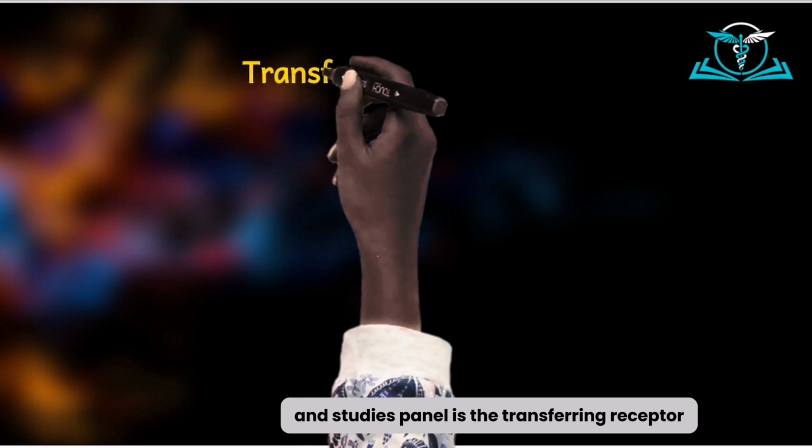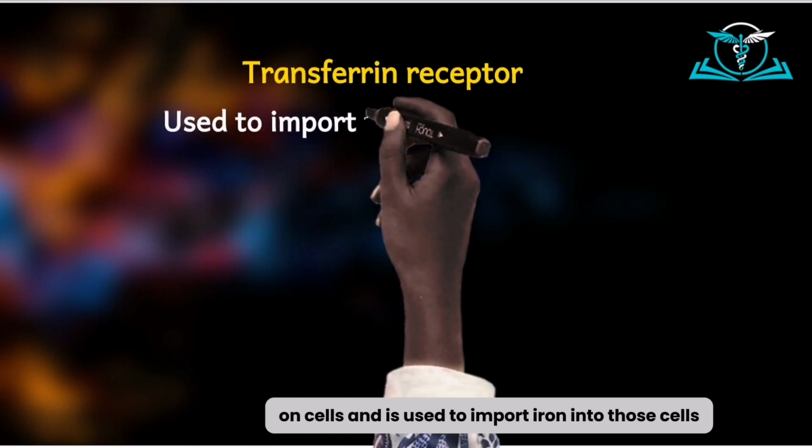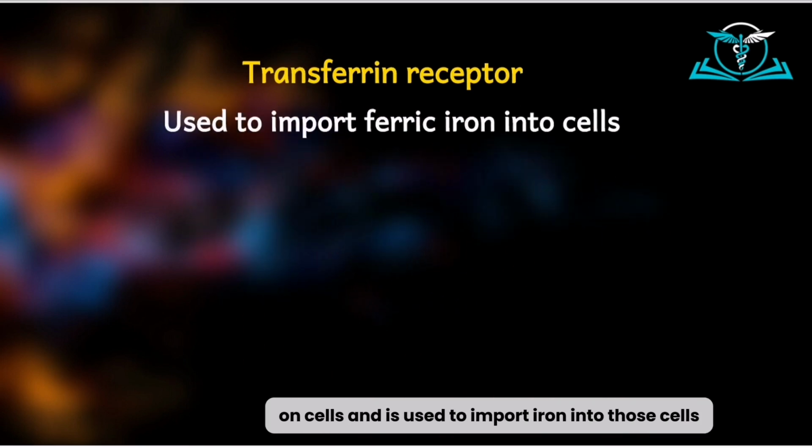And so the last concept we need to understand before zooming into the interpretation of the iron studies panel is the transferrin receptor. Now, the transferrin receptor is expressed on cells and is used to import iron into those cells.